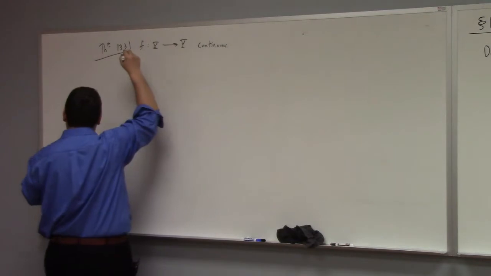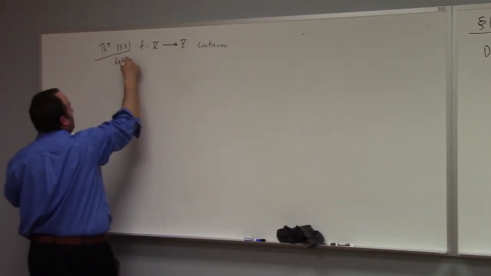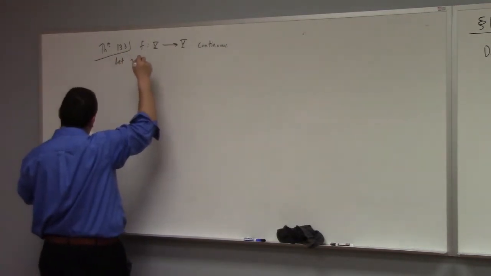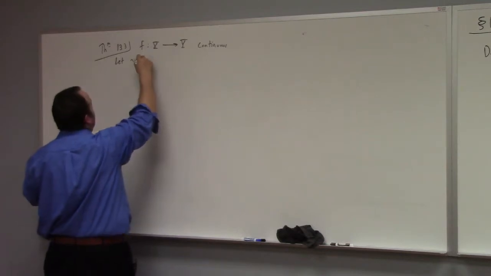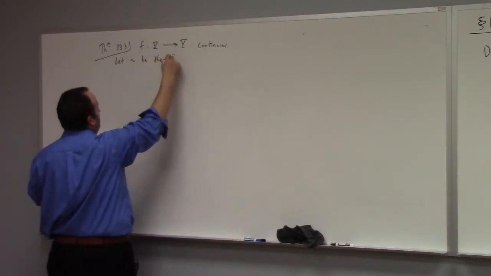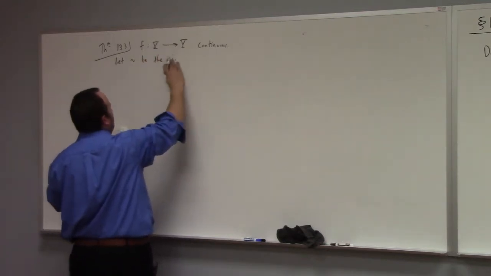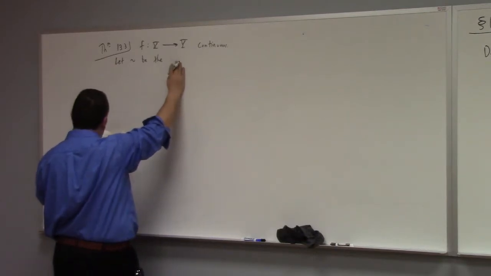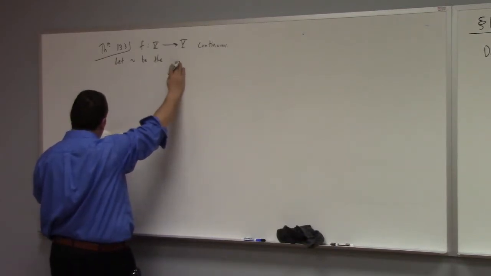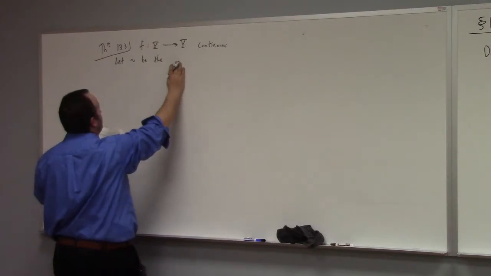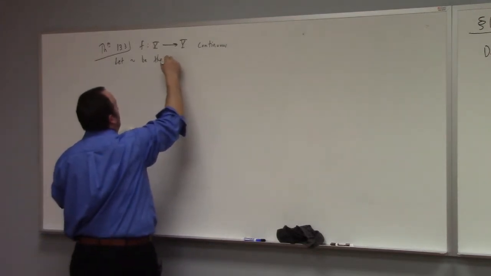And let tilde be the equivalence relation on X such that F is constant on each equivalence class. What is that?